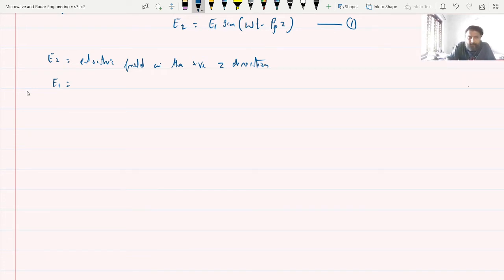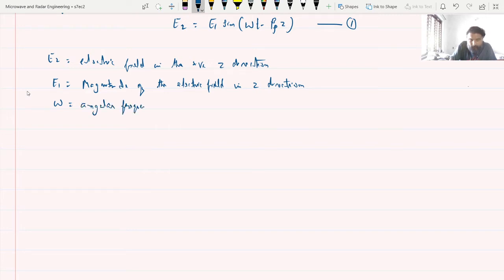E1 is the magnitude of the electric field in the z direction. Omega, as you know, is the angular frequency. And beta p, or otherwise in some books indicated as kp, is nothing but the phase constant.